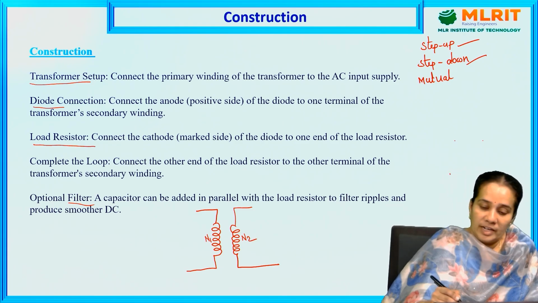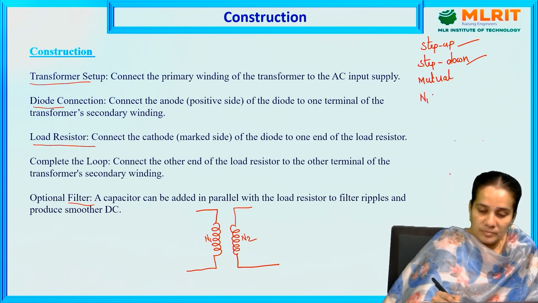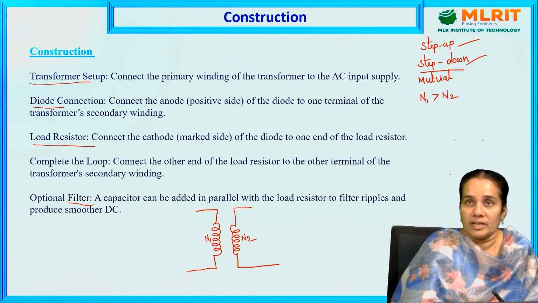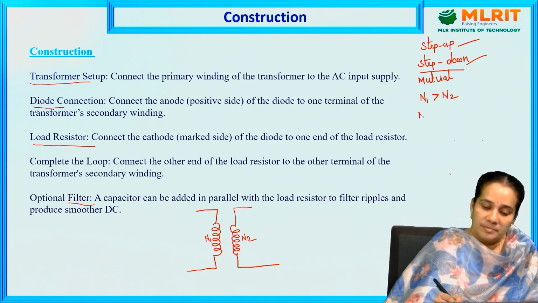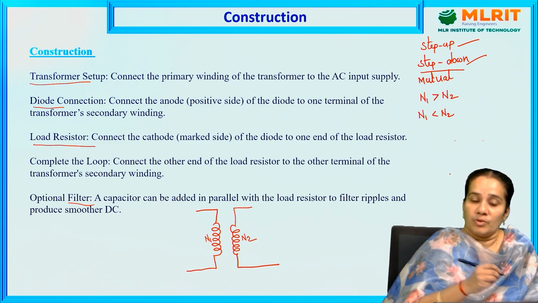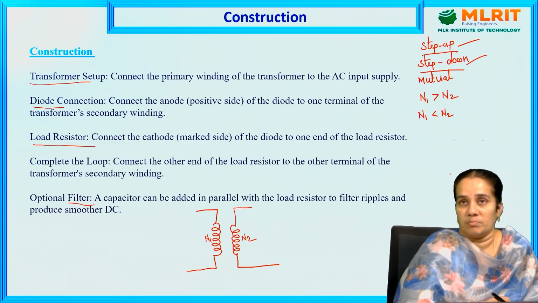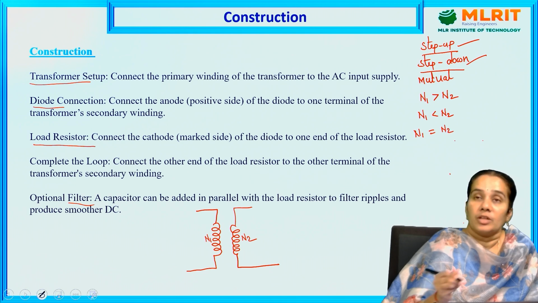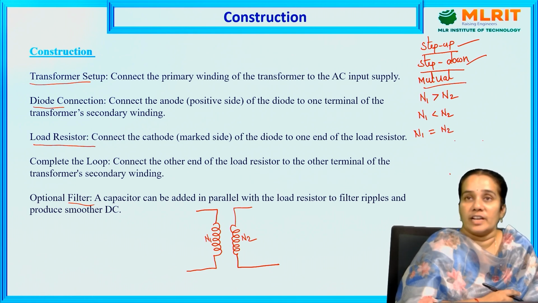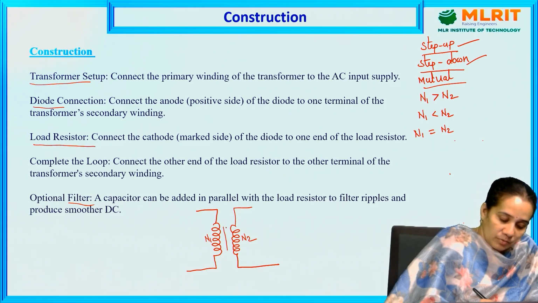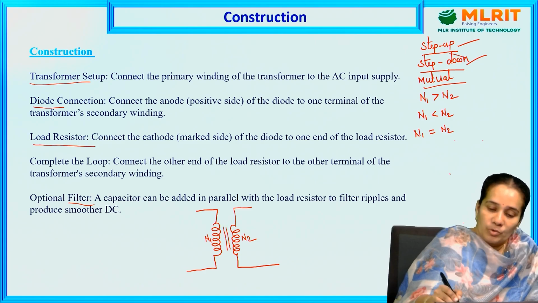If N1 is greater than N2, the transformer is called a step down transformer. If N1 is less than N2, it is called a step up transformer. If both are equal, N1 equals N2, it is called a mutual transformer. Here we are taking the step down transformer.